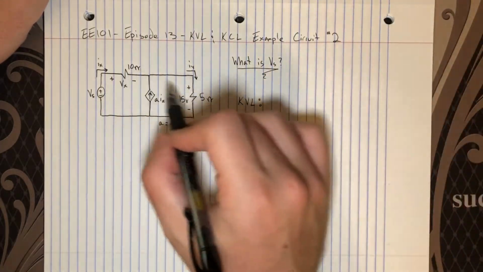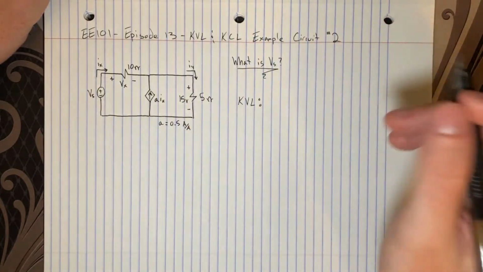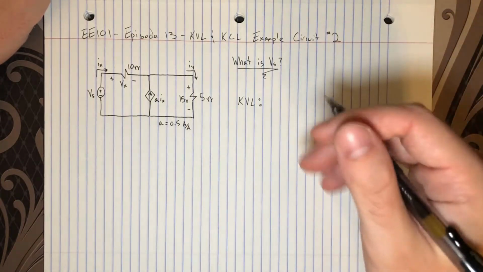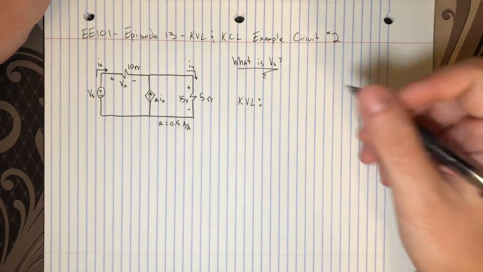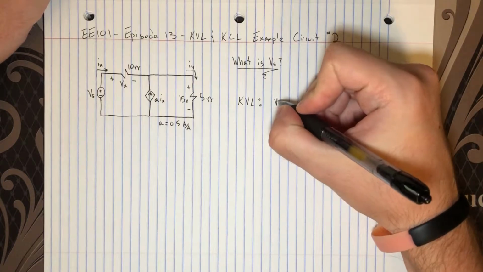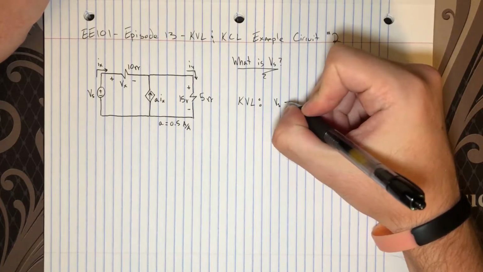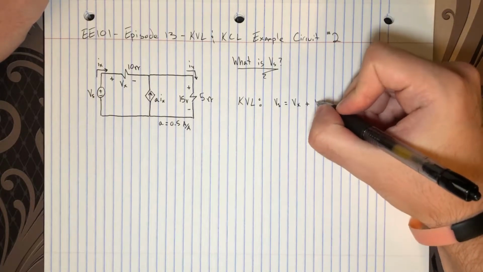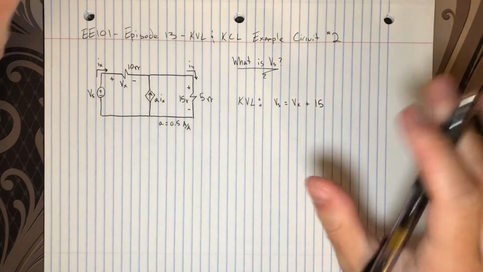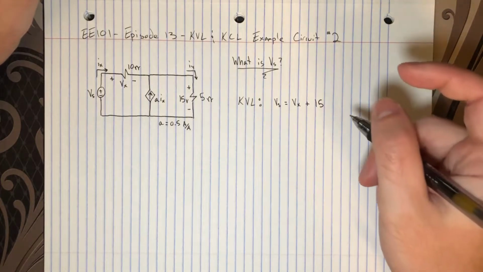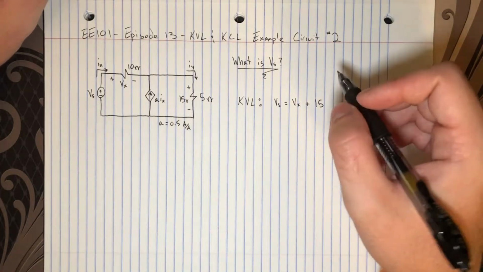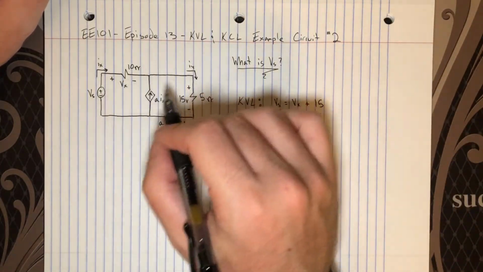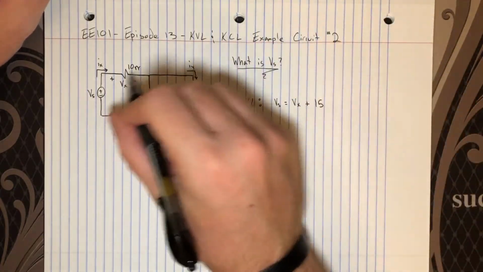So these two positive voltages and this negative voltage equal 0, and I can rewrite that in equivalent algebraic form. I can say that Vs equals Vx plus 15. I don't know if I'm skipping a step there that you don't realize, so the explicit formulation for KVL that I wrote out is: I go around and count them.